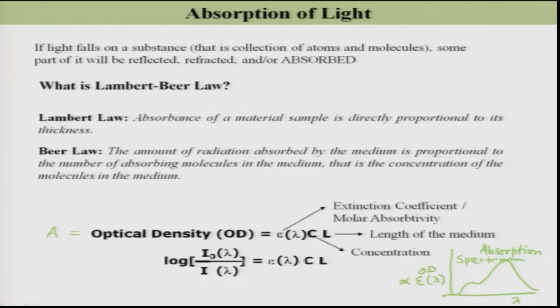Here we can see the absorption maxima of this particular molecule under investigation. So ultimately what we got is A equals epsilon C L. In one word, this is the Lambert-Beer law.